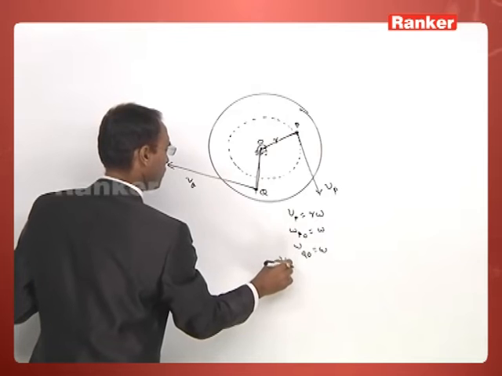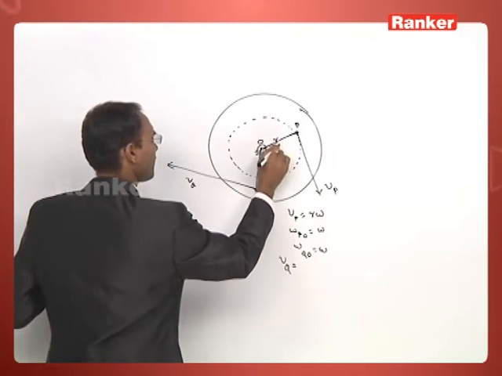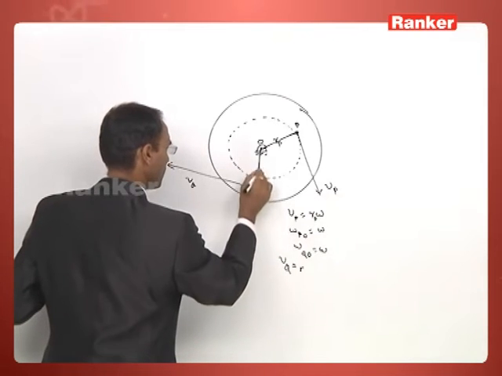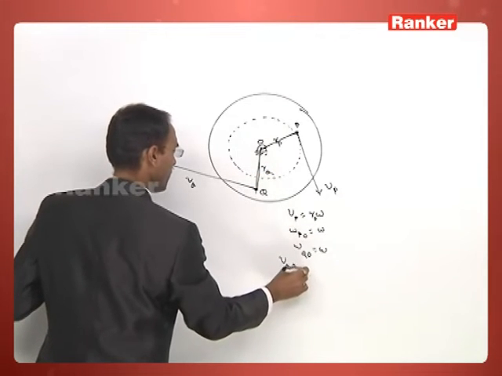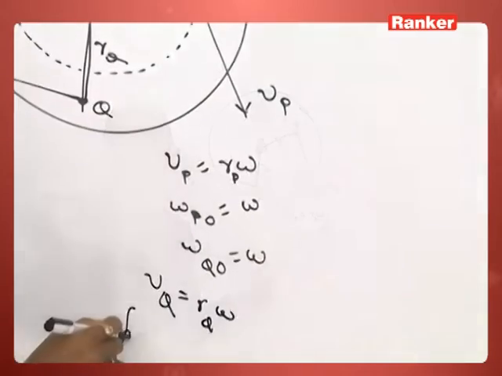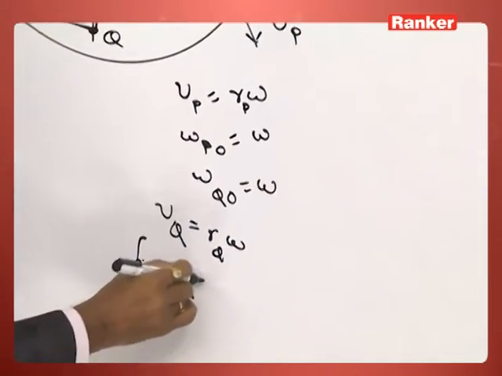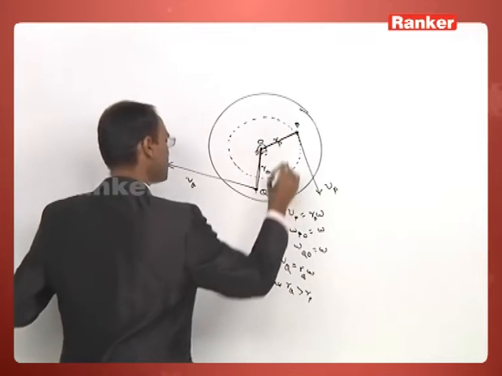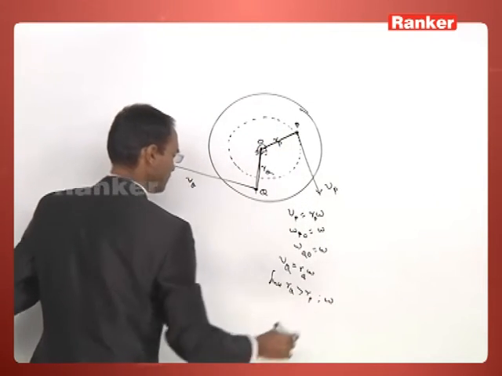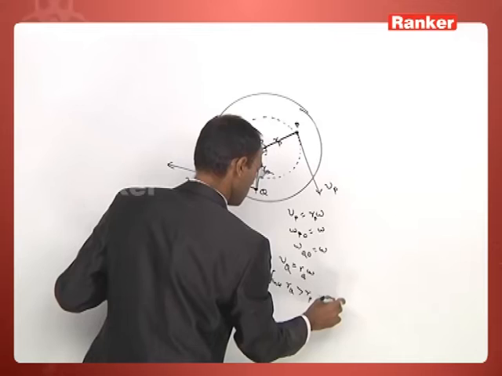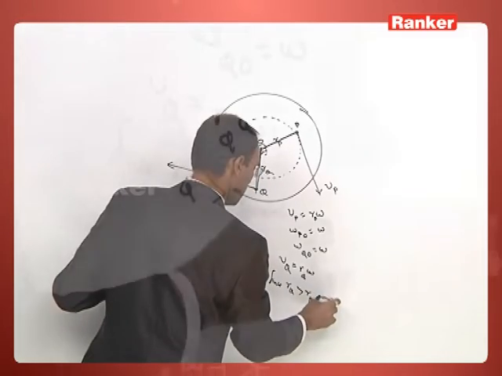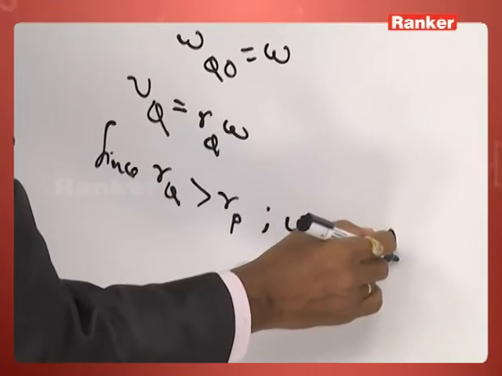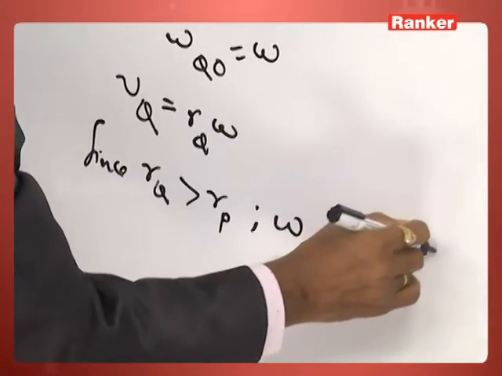Vq is equal to rq into omega, Vp is equal to rp into omega. Since rq is greater than rp, this distance is greater than this radial distance, and omega q with respect to O is equal to omega p with respect to O, which is equal to omega.